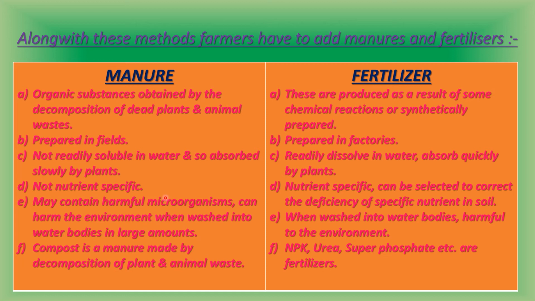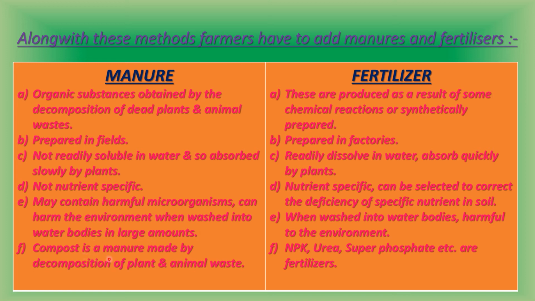It may provide more than two nutrients. Okay, it may contain harmful microorganisms, again because it is made up of waste. That's why it may have microorganisms which may harm the environment, or if they are mixed into water bodies like nearby lakes or rivers in large amounts, they can pollute that water also.